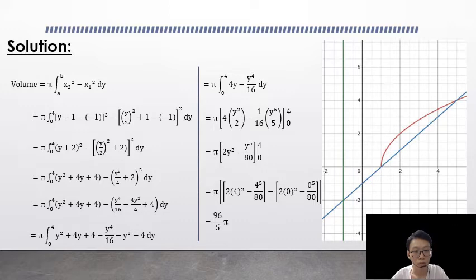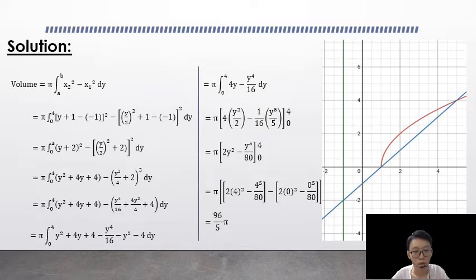Now we expand: pi times the integral from 0 to 4 of y squared plus 4y plus 4 minus (y to the power of 4 over 16 plus 4 times y squared over 4 plus 4) dy.